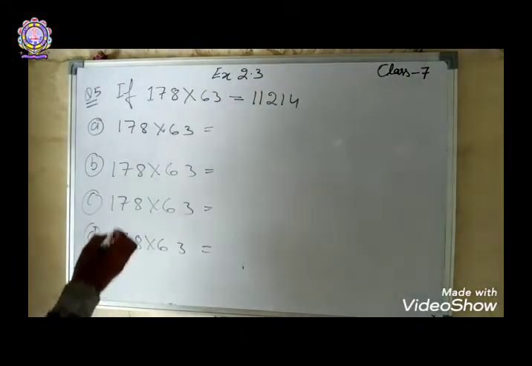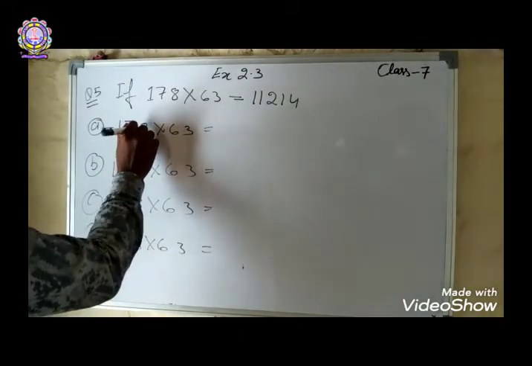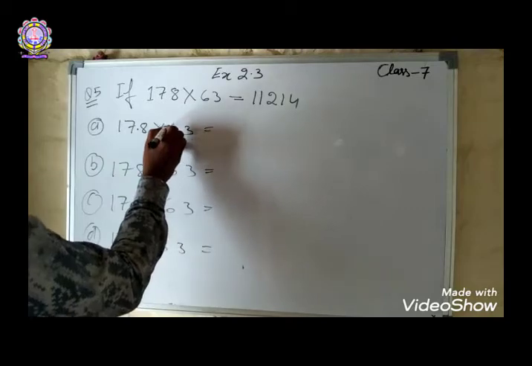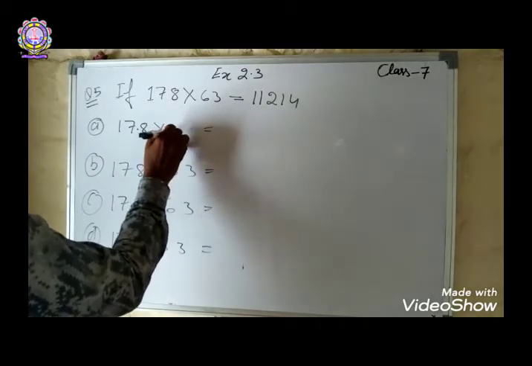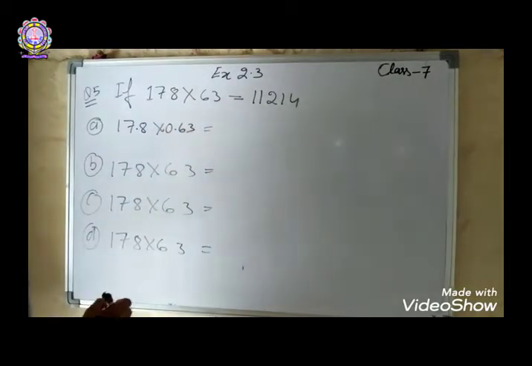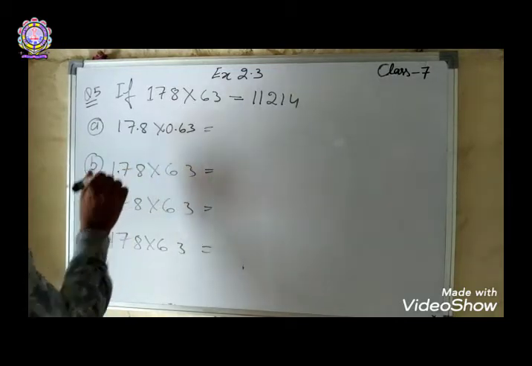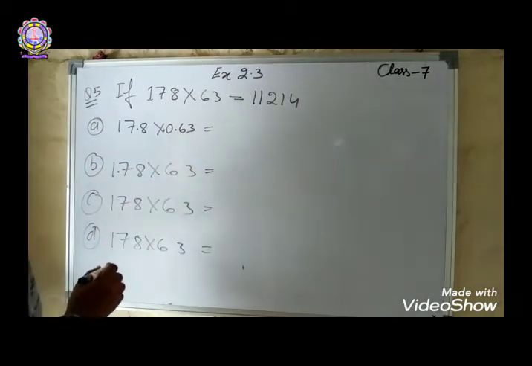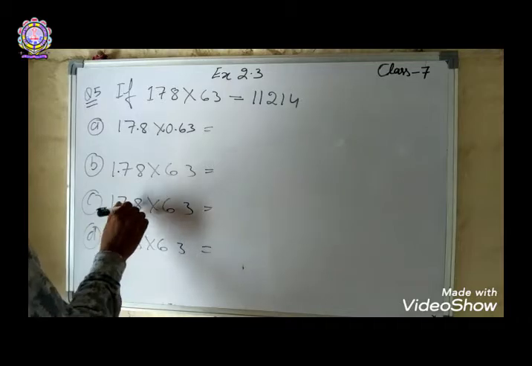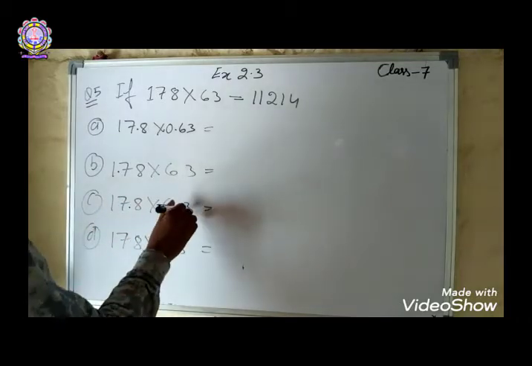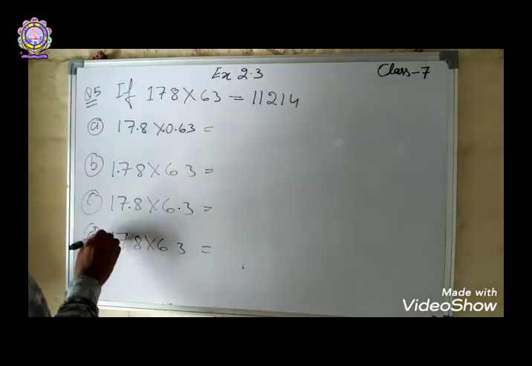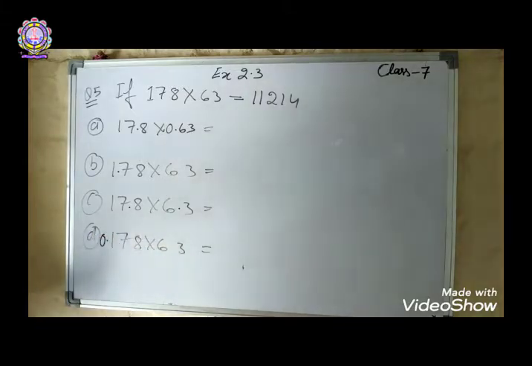So in the first portion, 17.8 into 0.63, another 1.78 into 63, another 17.8 into 6.3, and the last one 0.178 into 63.